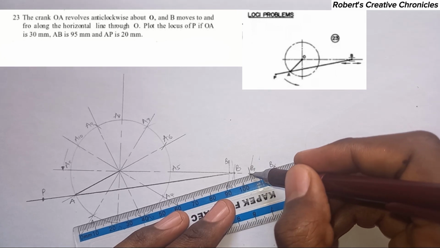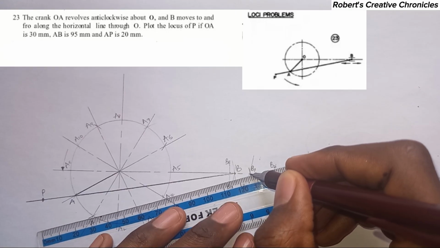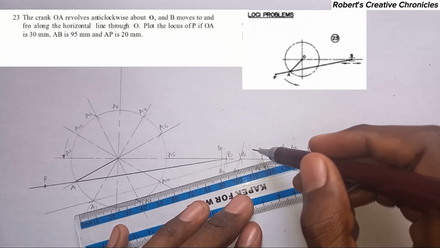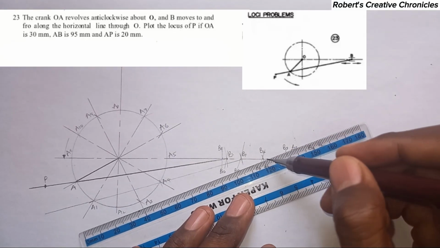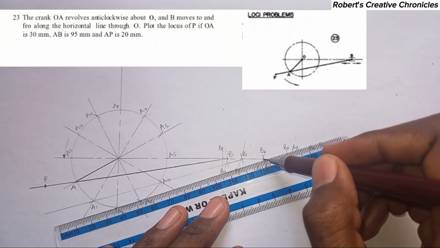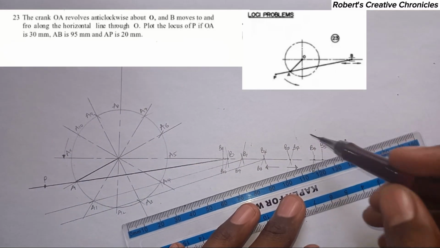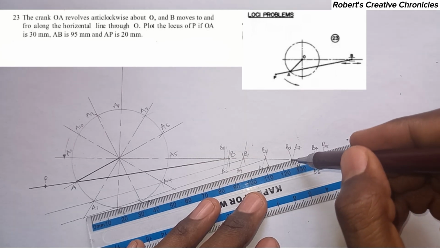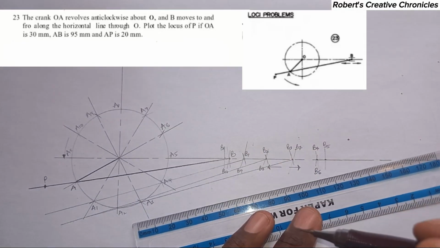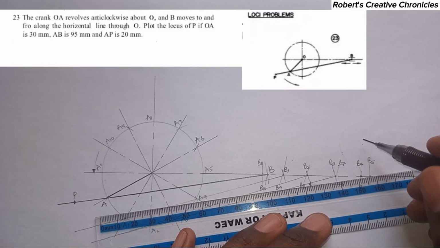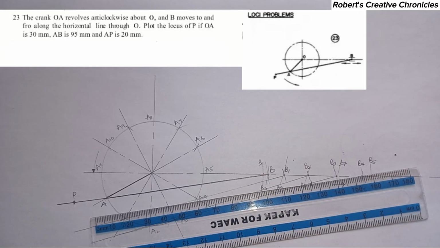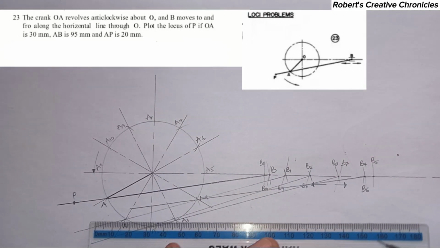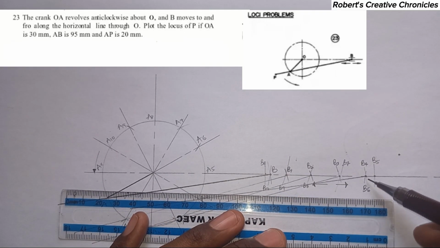So now B1, then B2, then B3, then B4, then B5 is already connected to A5, because it lies on the center line.